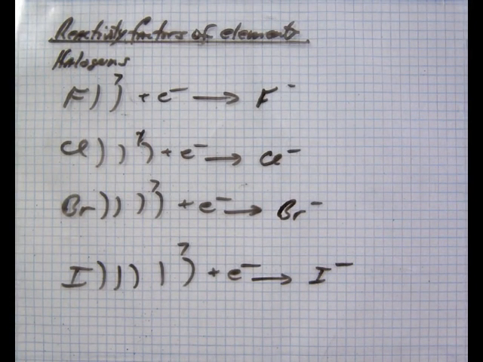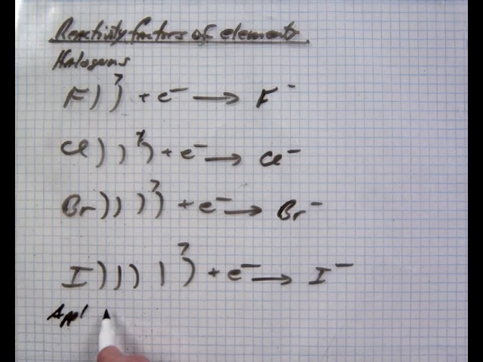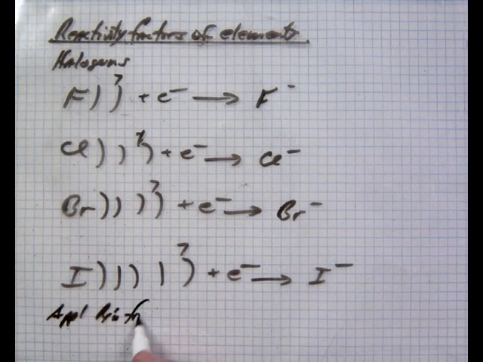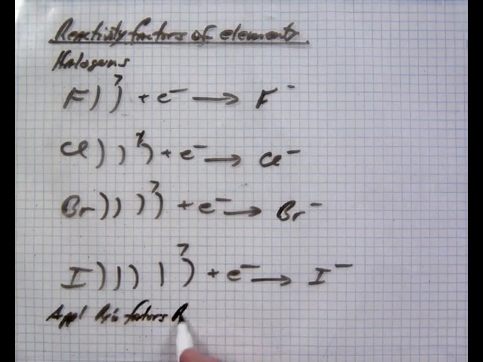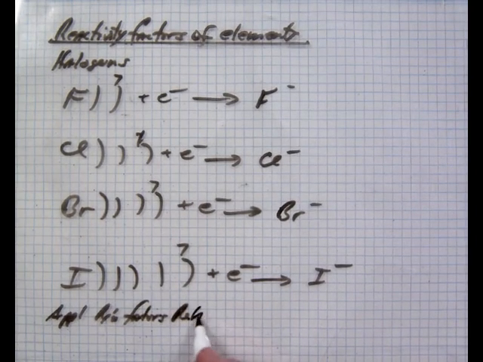Now, let's just go back and apply the reactivity factors of elements. What can we say about the potential for forming the ion? Well, first of all, we want to apply reaction factors relative to gaining electrons.